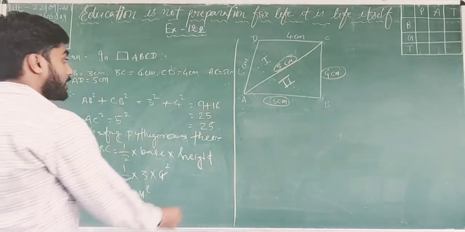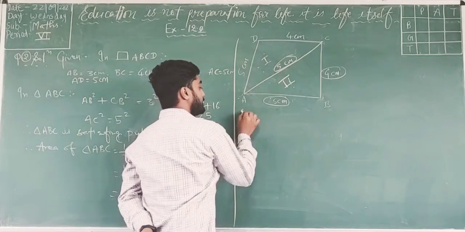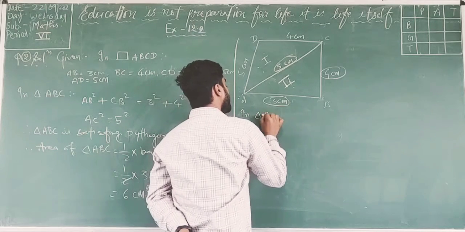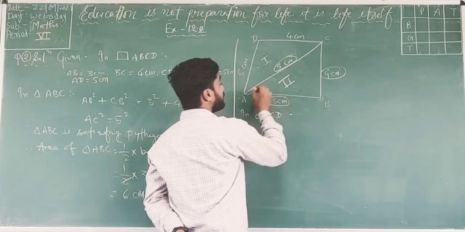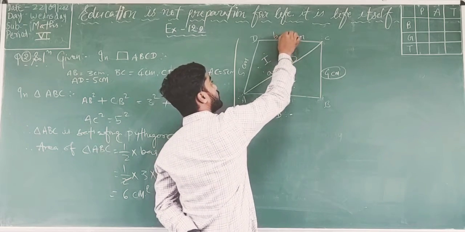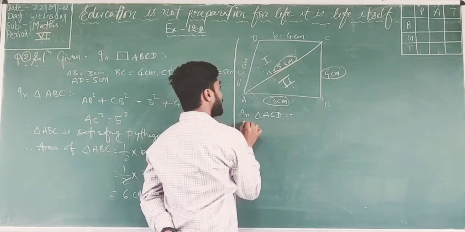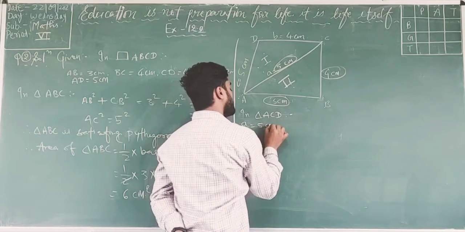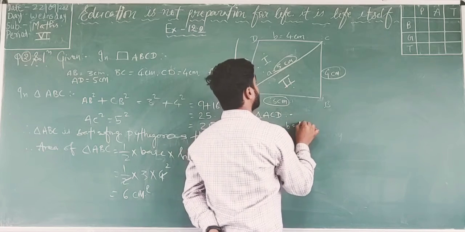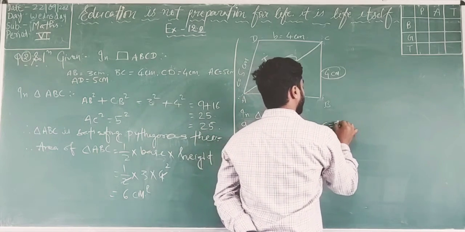Now what is the second triangle? Triangle ACD. In triangle ACD, suppose the first side A equal to 5 centimeter, B equal to 4 centimeter and at last C equal to 5 centimeter.